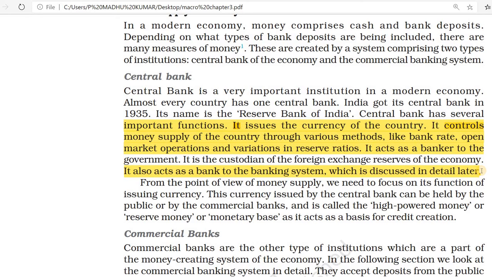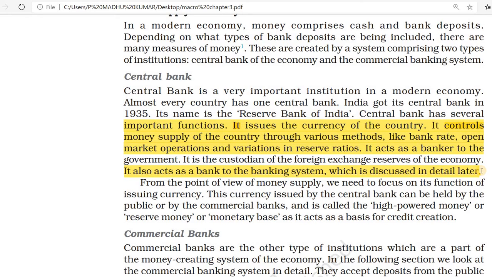It transfers government funds from one place to another, from one account to another. The RBI acts as an agent to the government in respect of the country's relations with international institutions like the IMF, World Bank and IBRD. It gives useful advice to the government in economic matters such as foreign exchange.